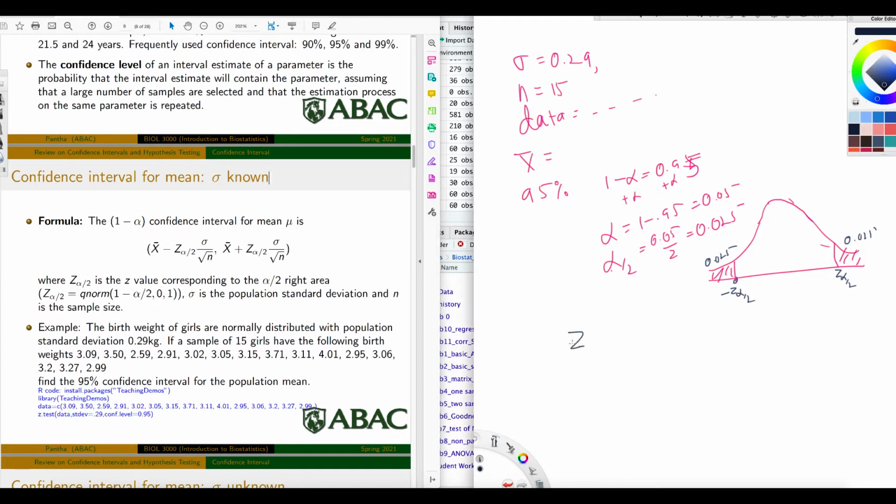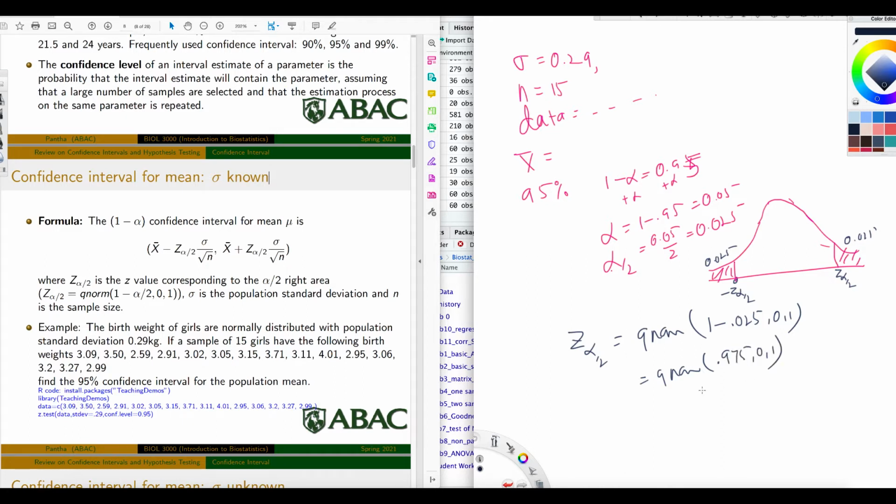So z alpha half equals qnorm, and then 1 minus 0.025 will be 0.975, and then 0, 1.